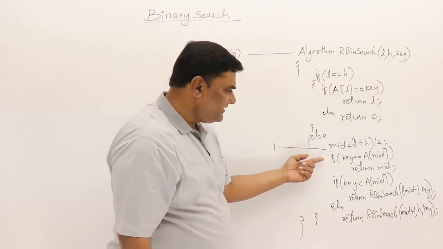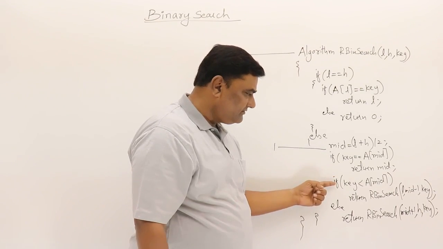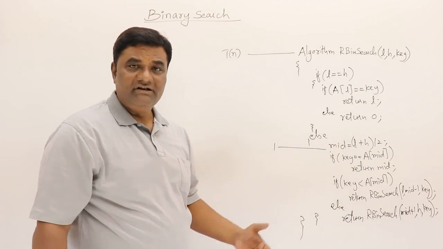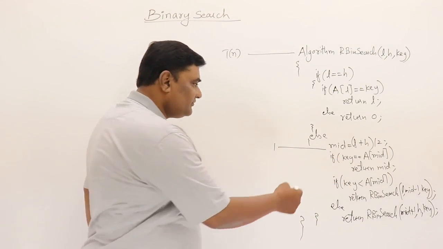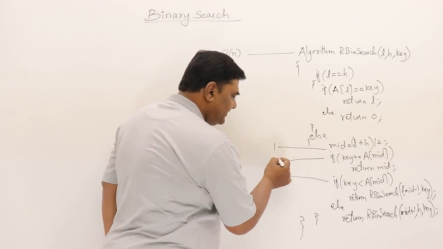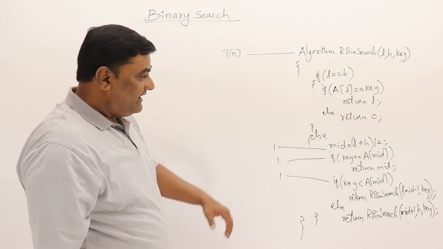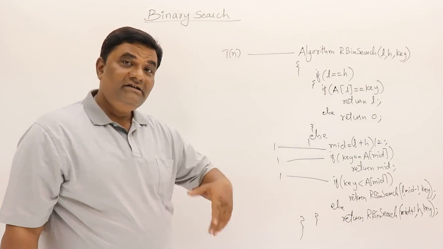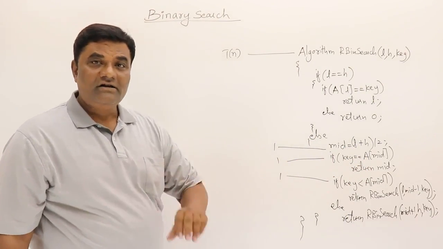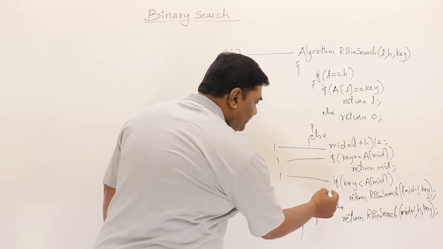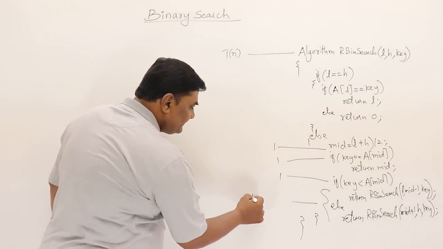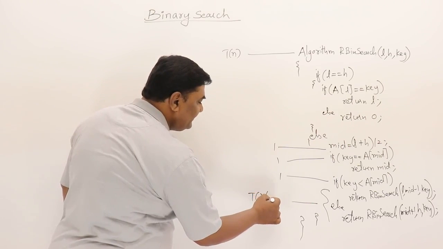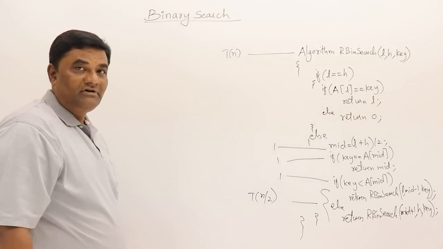It will check this one or this one, so at most it will check 2 conditions. So I will take these 2 also, 1, 1. Then it is calling by dividing the problem into half, either on the left side or on the right hand side, any one. So out of these two, it will call itself for T(n/2).